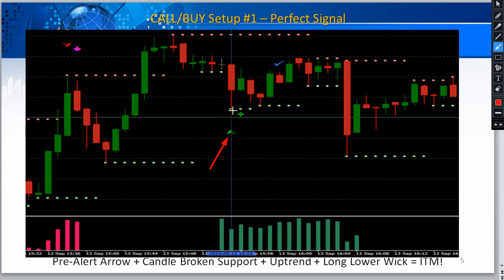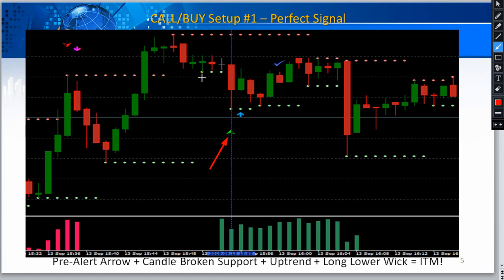Then the candle with that pre-alert arrow, this is the candle I'm talking about. This candle must have broken the support level. The 3 dots confirm that's a support level, and it has also broken the horizontal lines. So it has broken two levels of support, which are very close to one another.